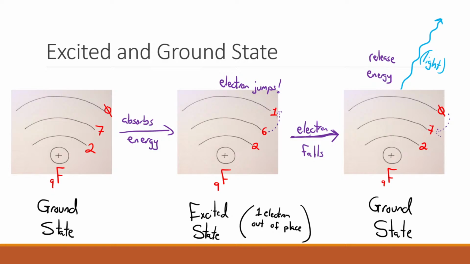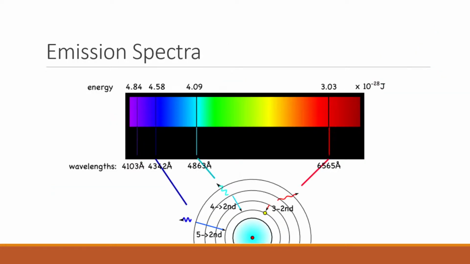And the reason for this is that every transition, right, falling from the third to the second, falling from the fourth to the second, from the fifth to the second, each transition gives a slightly different amount of energy, gives a slightly different color. And so these transitions create a fingerprint for our atom.